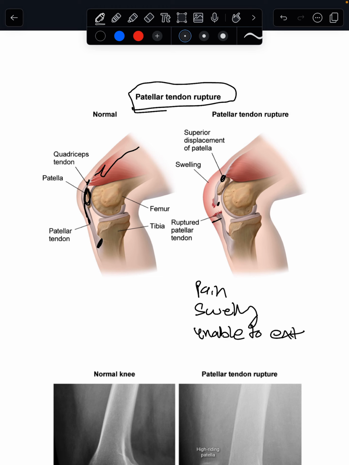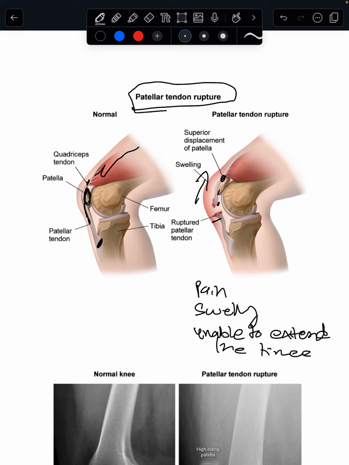That is, you cannot extend the knee to 0 degrees, or say 180 degrees. You cannot do it by yourself, but the knee can be extended passively by your hand, but you cannot do it actively. So what happens after the rupture is that the patella is displaced upwards.